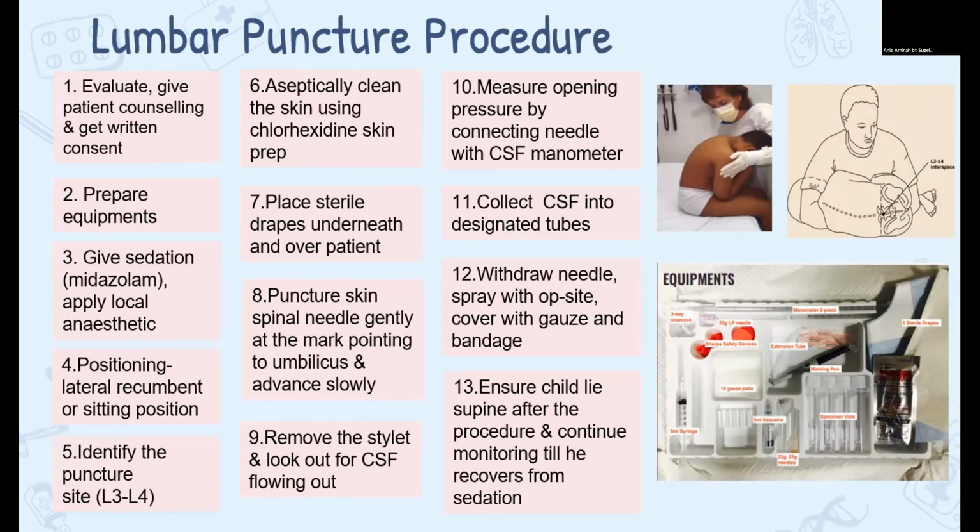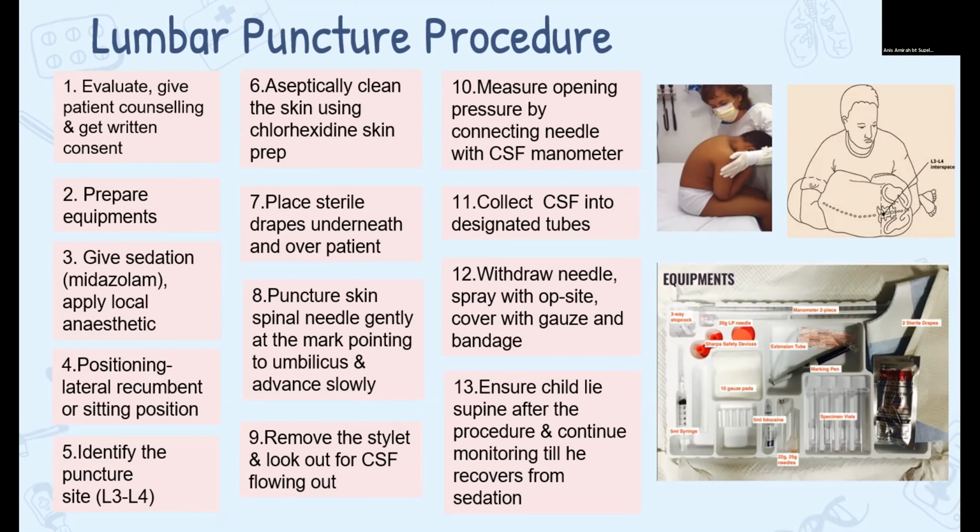We must prepare all the equipment beforehand, such as sterile sites, sterile bottles, and a spinal needle with the stylet. Then we sedate the patient and apply local anesthetic. We use lidocaine 30 to 40 minutes before the procedure so that the anesthetic can take effect.